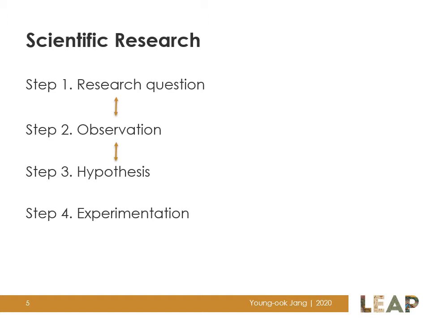In experimentation, especially in natural science, you have a control group and a treatment group. The control group and treatment group are exactly the same, except for one thing: chili.